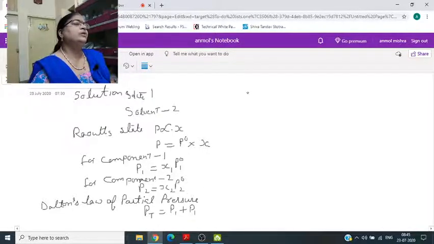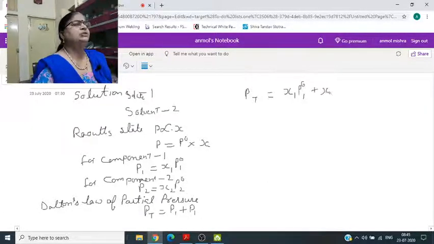So PT will be equal to X1 P01 plus X2 P02.